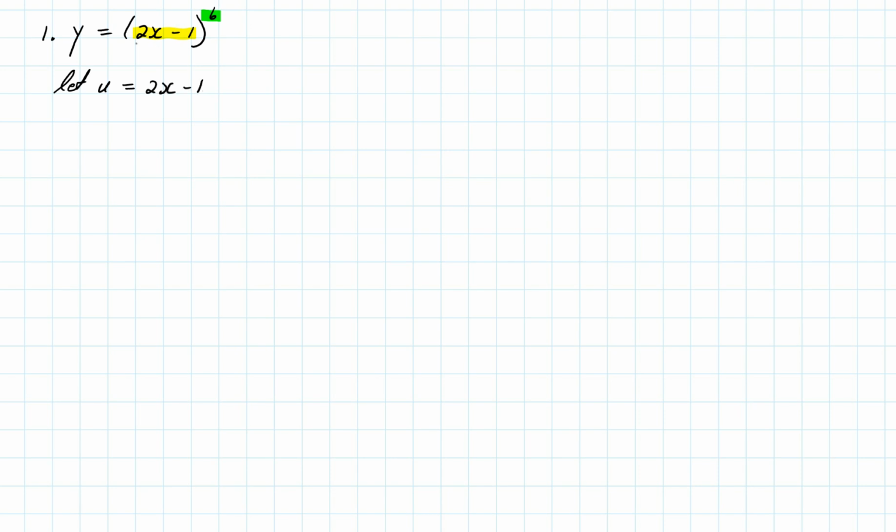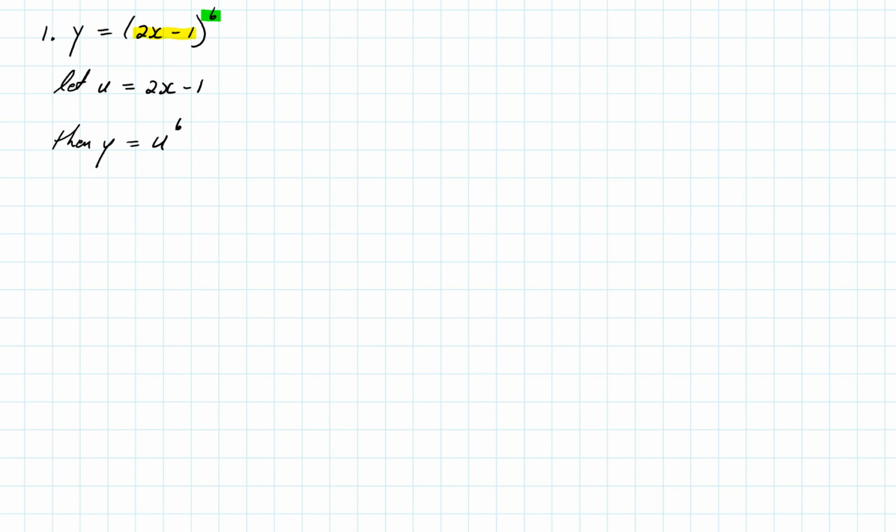So we basically let u be equal to one of the functions that we can take a derivative of. And so if u is now equal to 2x minus 1, then y becomes u to the power of 6, because we've now allowed u to be equal to 2x minus 1.